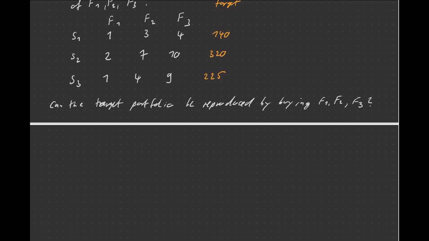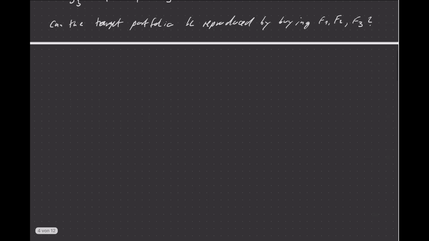To answer that question, let's introduce some variables. Specifically, we'll denote the number of shares of F1, F2, F3 that we want to buy by X1, X2, and X3.